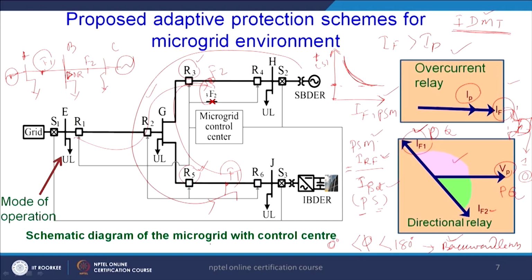But if this phi is between 180 degrees and 360 degrees, then the fault is declared to be in the forward direction, that means it is in front of the relay, that is F2. So, this is the basic principle of operation of the directional relay.